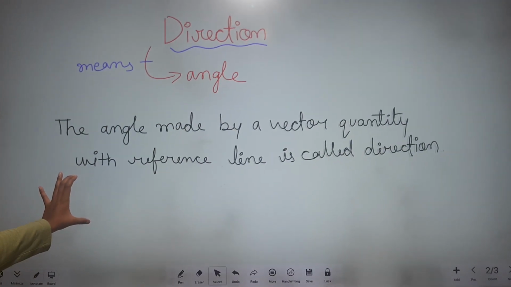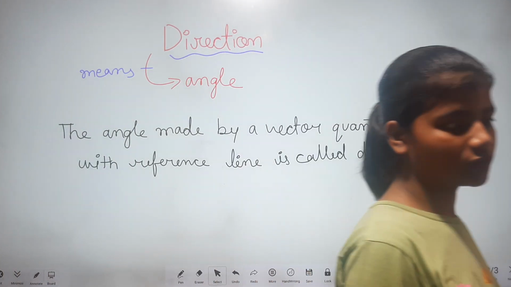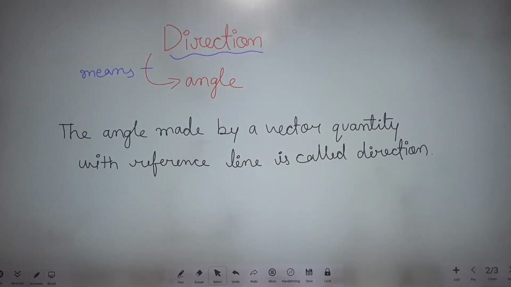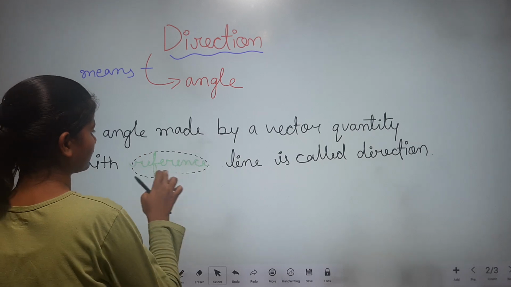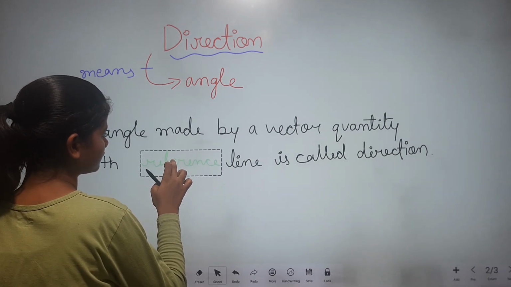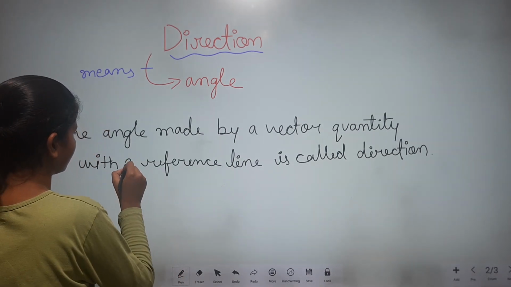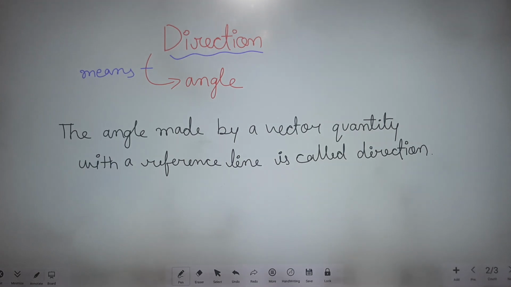So here, what is direction? The angle made by a vector quantity with a reference line.